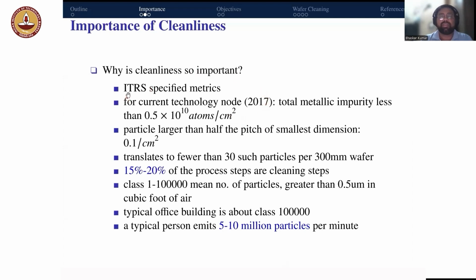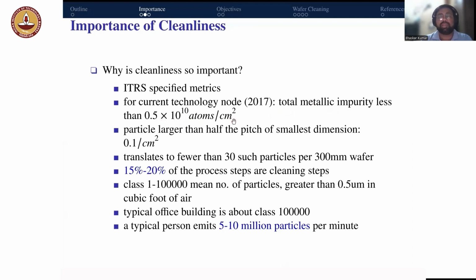ITRS is the International Technology Roadmap for Semiconductors. It decides the metrics involved in all these factors. For the technology node of 2017, it gave a metric that the total metallic impurities should be less than about 0.5 times 10 to the power 10 atoms per centimeter square.